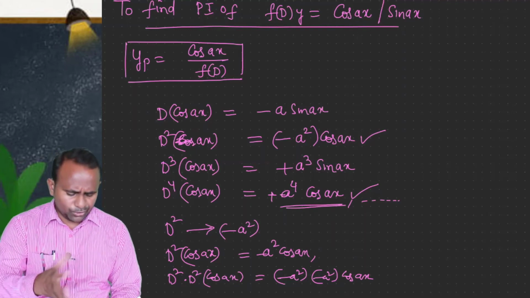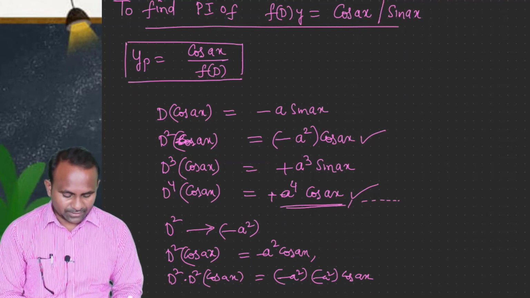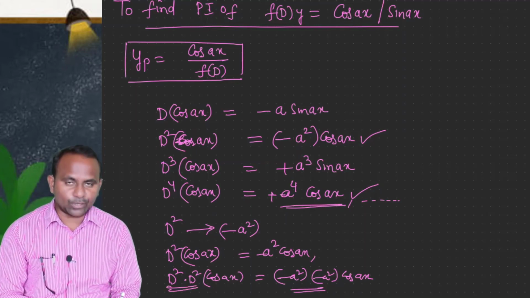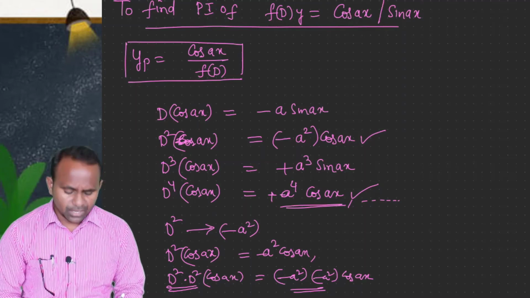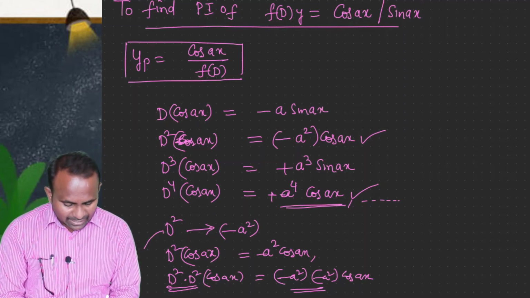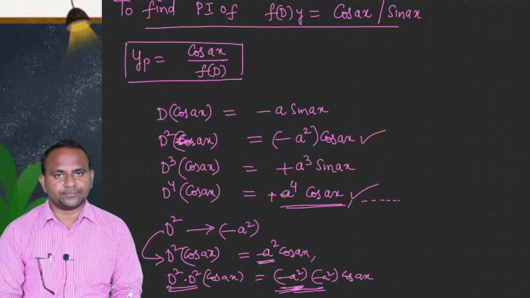So you can guess that whenever an even power of D is given, like D square, D power 4, D power 6, D power 8, all these are coming in such a way that in place of D square, you have obtained minus a square.